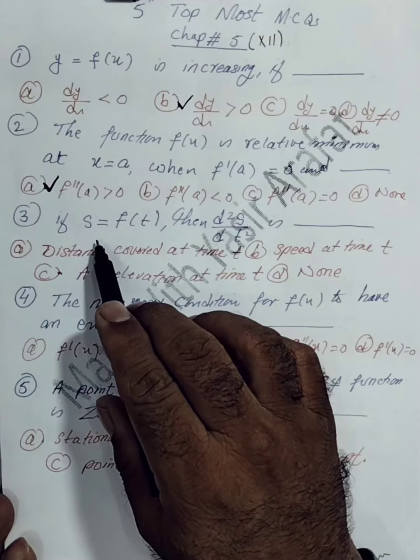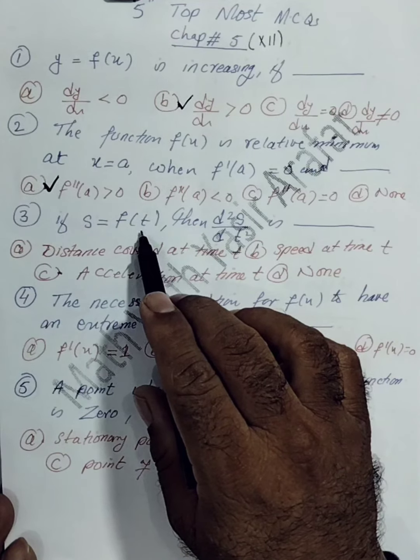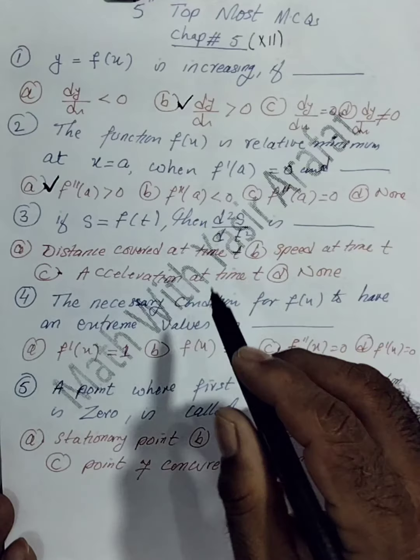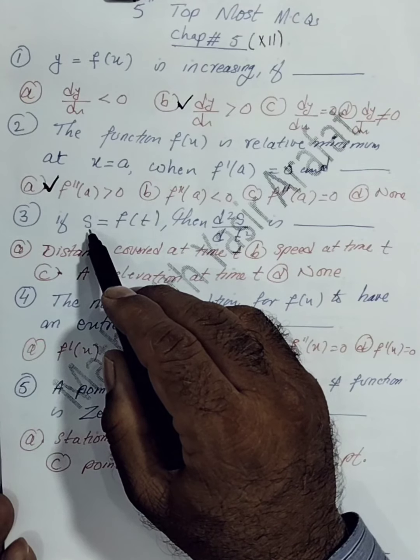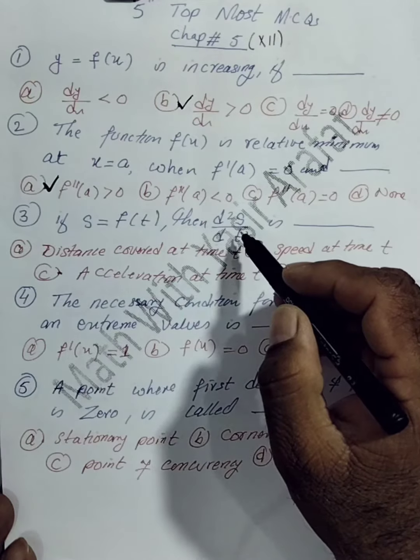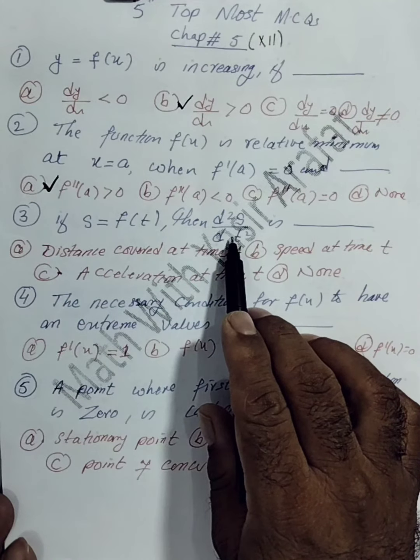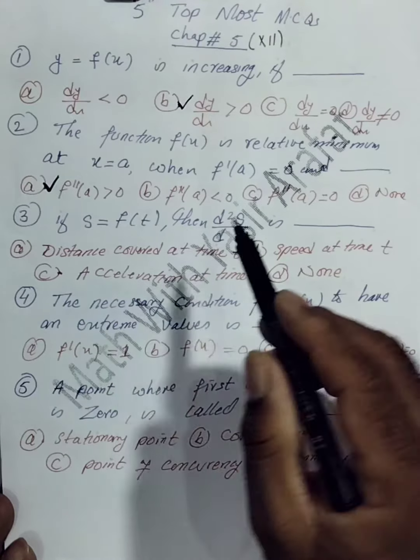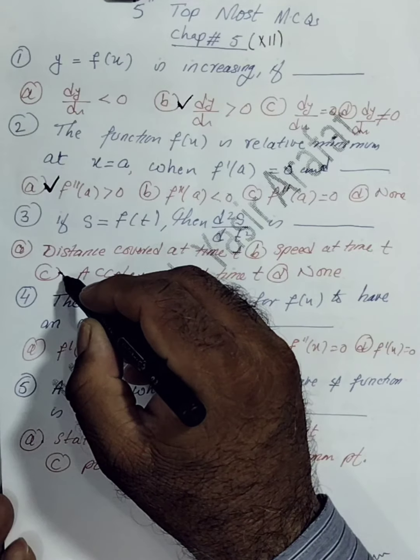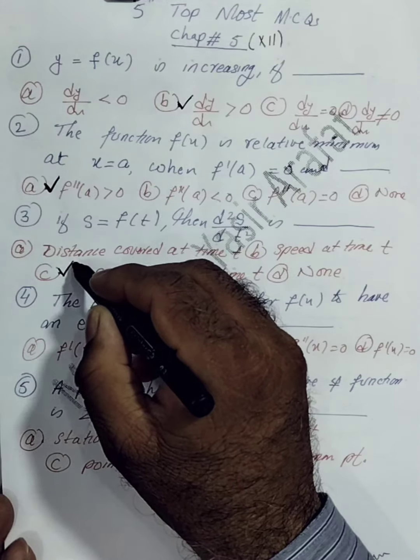If s is equals to f of t and we have to find out its double derivative, here s represents the distance, and with respect to time t we are going to find the derivative, second derivative. So second derivative, it is the acceleration. First derivative, it is velocity.